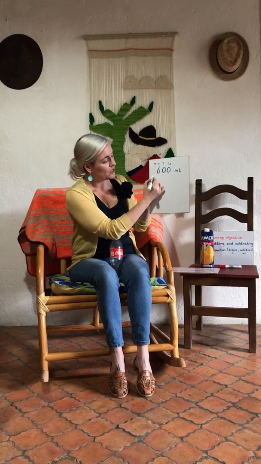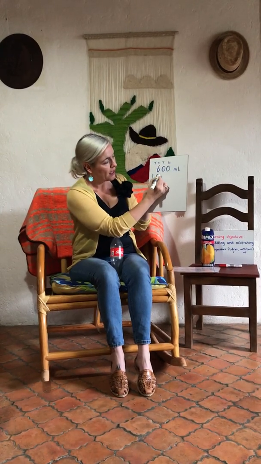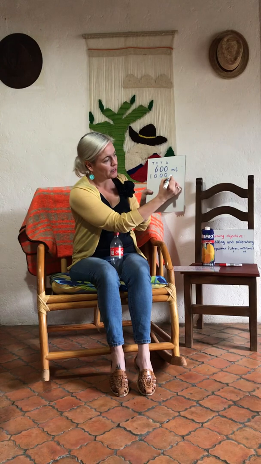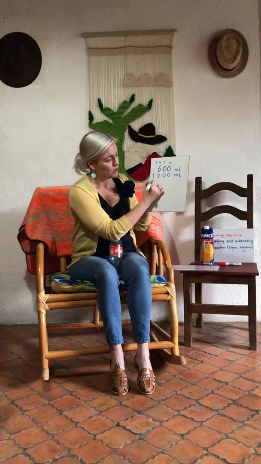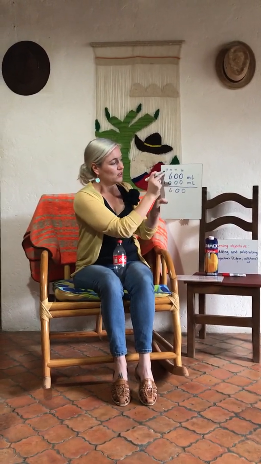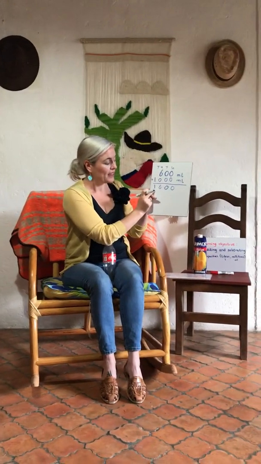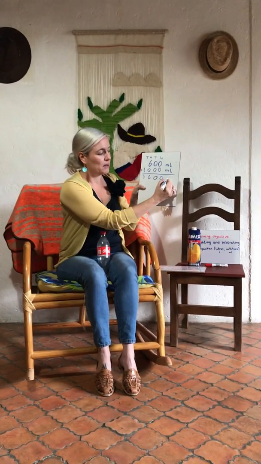We know it's in the thousands place. 1,000 milliliters. We put it under our line nicely, and we're going to add them together because we want to know how much it is all together. 0 plus 0, 0, 0 plus 0, 0, 6 plus 0, 6, and 1, there's nothing here, right? So we have 1,600 milliliters.